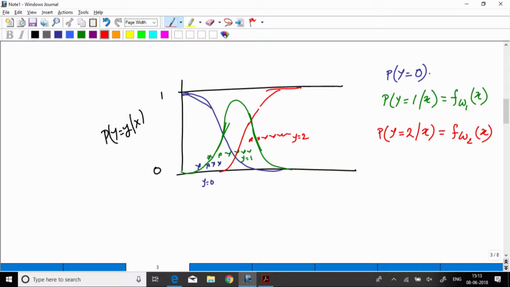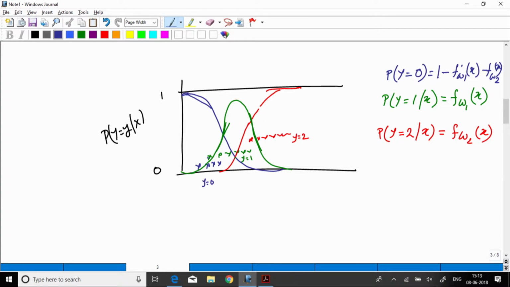And the remaining one is just 1 minus these two. Okay.